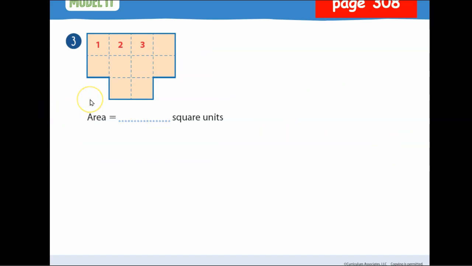Here, fill in the numbers in the squares, and you tell me what goes in the box. What's the total? Did you fill it in?